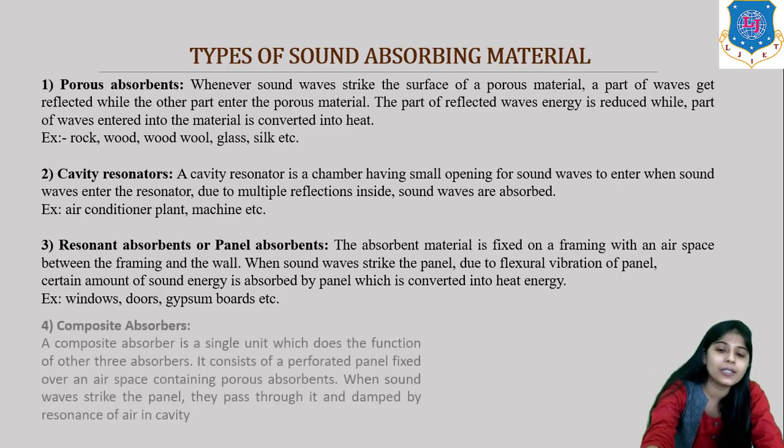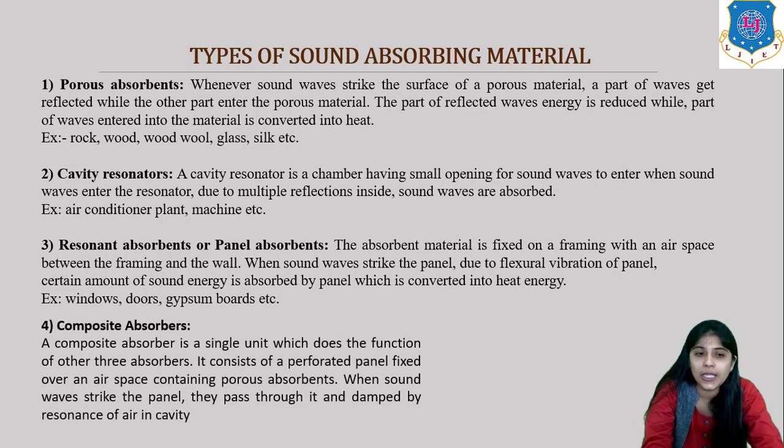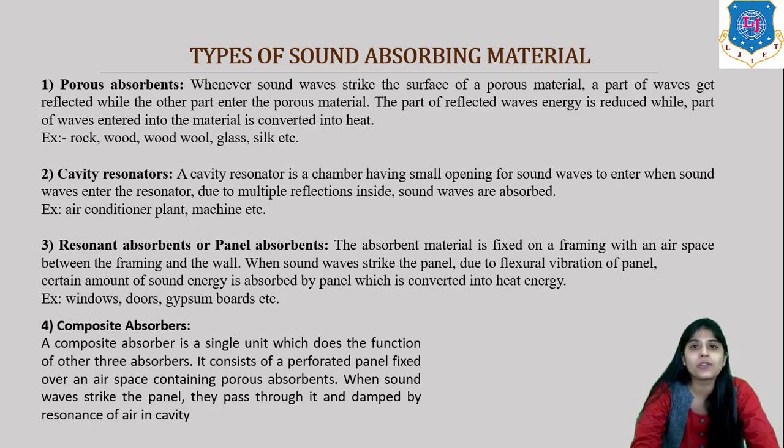Okay. So last but not least, the final sound absorbing material is known as composite absorbers. So this absorbent is basically a single unit which does the function of all the above three absorbing materials. Again, I am repeating that a composite absorbent is the single unit that does the function of all three sound absorbing materials: porous, cavity, as well as resonant sound absorbing material.